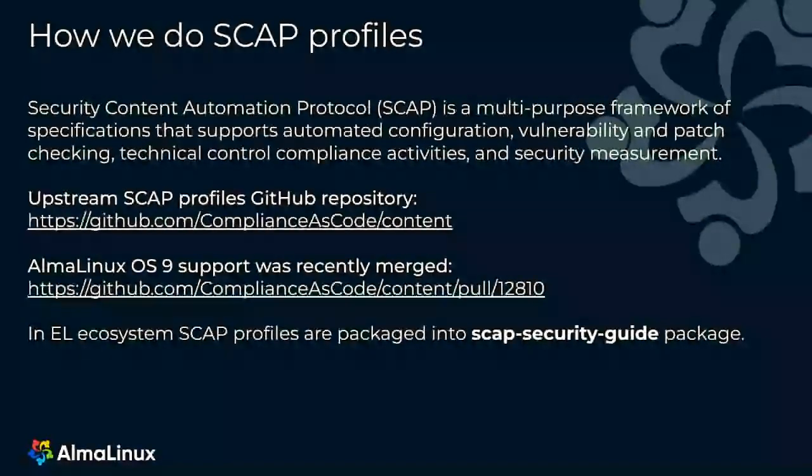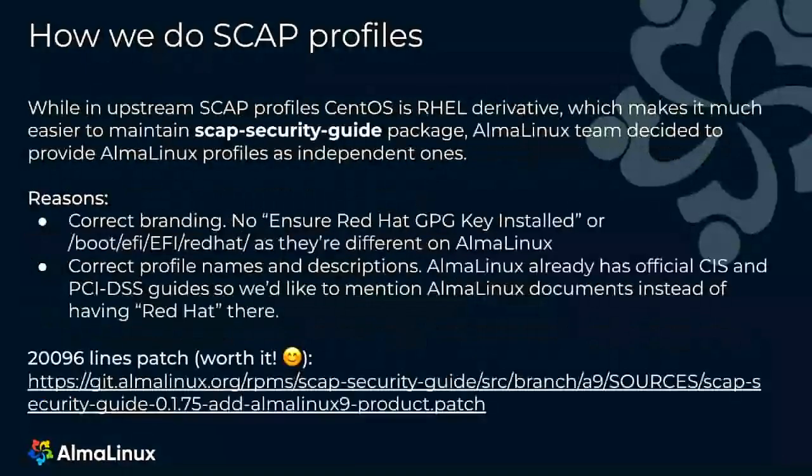Let me talk about how we do that. Usually, CentOS in this package is considered a Red Hat derivative, so it reuses all the tasks and checks from Red Hat. But there are some problems. We need to differentiate more.